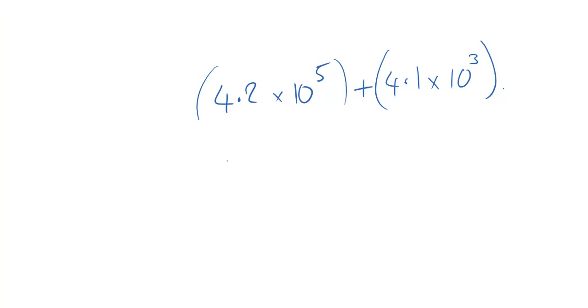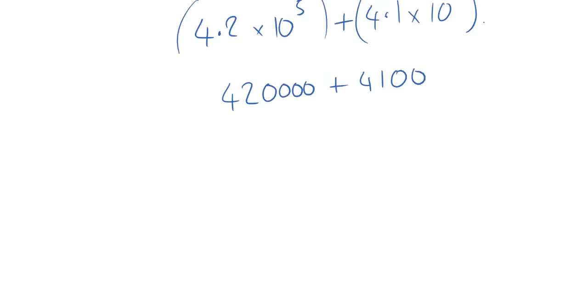So 4.2 times 10 to the 5 is 42, and then we're going to have 4 zeros on the end. 4.1 times 10 to the 3 is going to be a 4 and a 1, and then 2 zeros. So if I'm adding these together, perhaps it'd be easier to write them just like this.